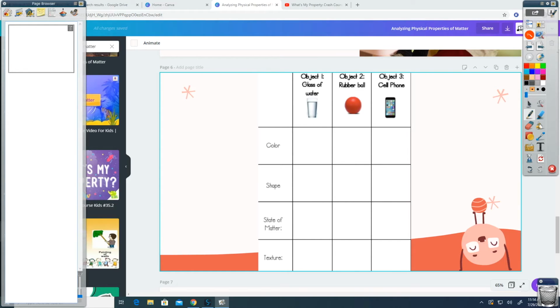What color is water? Well, water doesn't really have a color, so we're just going to say that it's clear. No real color. Its shape. Well, if you remember, water or liquid doesn't have its own shape. It always takes the shape of its container. So we're going to say has no definite shape.